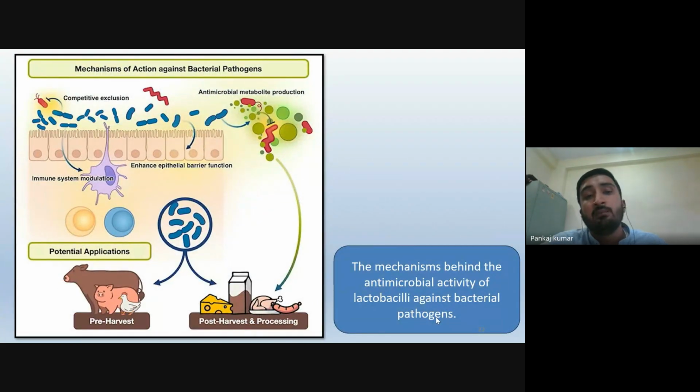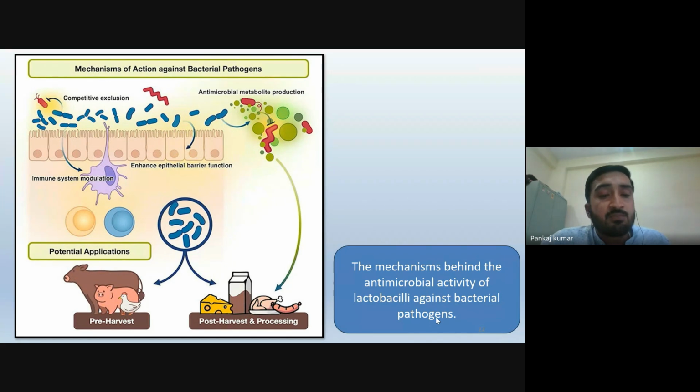Now see, the mechanism of action here is the antimicrobial activity of lactobacilli. So the lactobacilli will help in the competitive exclusion of these microbes, and also help in the immune system modulation. So the immune system will also be improved.